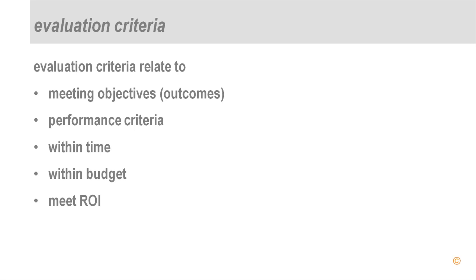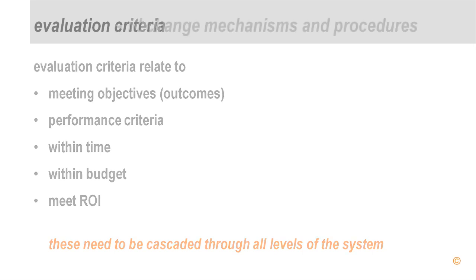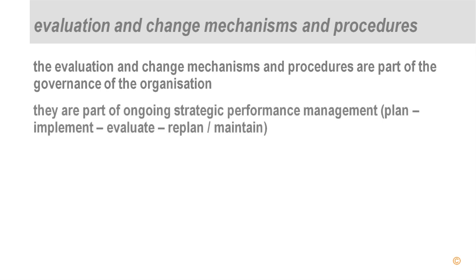These criteria need to be cascaded through all levels of the system, and if necessary, reinterpreted at those different levels. The evaluation and change mechanisms and procedures are part of the overall governance of the organization. More specifically, they are part of the ongoing strategic performance management in the organization, which involves the plan, implement, evaluate, replan or maintain cycle.